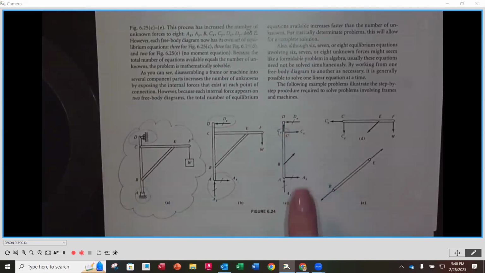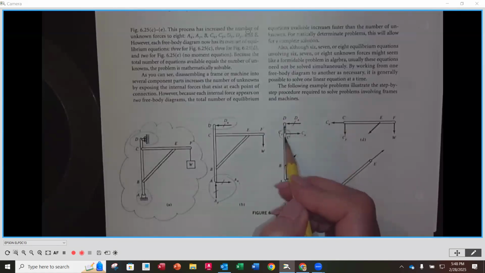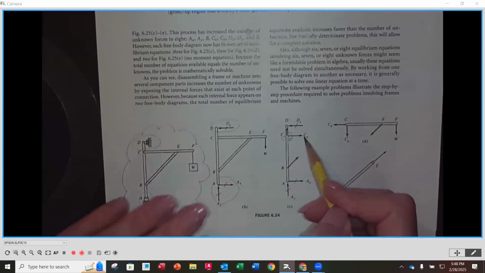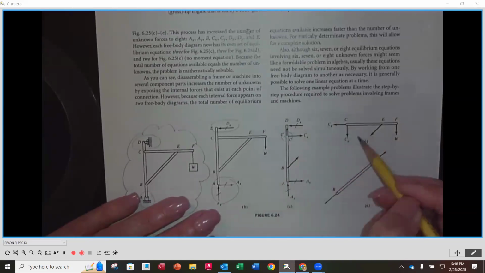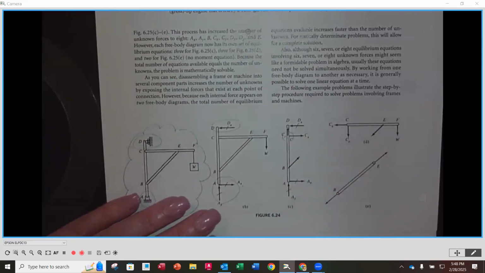They stay in their appropriate directions. But when we have an internal pin, like C, when we start seeing the X's and the Y's, if we're showing Y up and X to the right on one member, on the member that it connects to, it's going to be the direct opposite. So we change the direction when we move from one member to the next, okay?